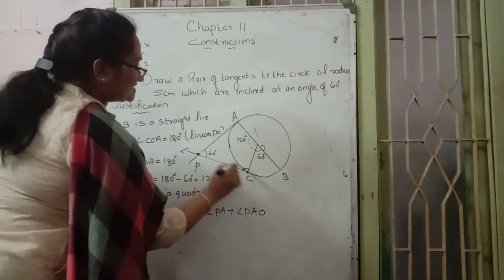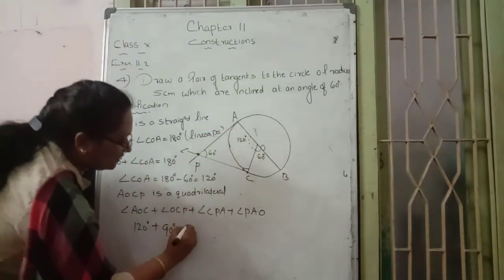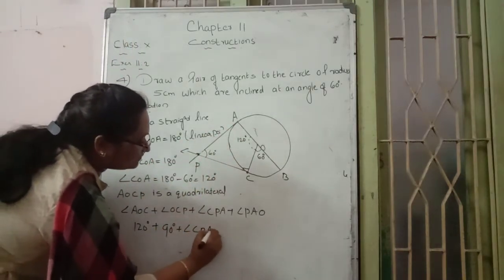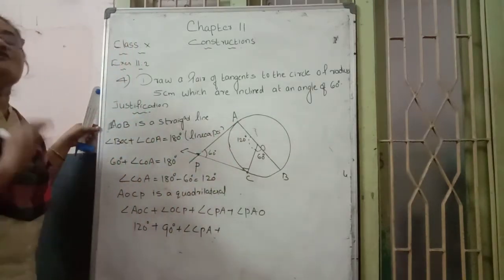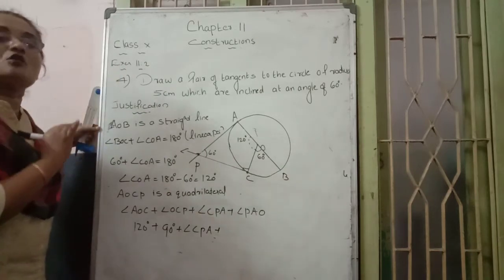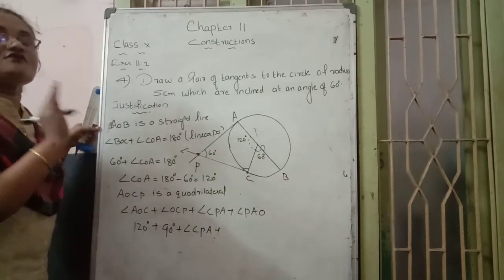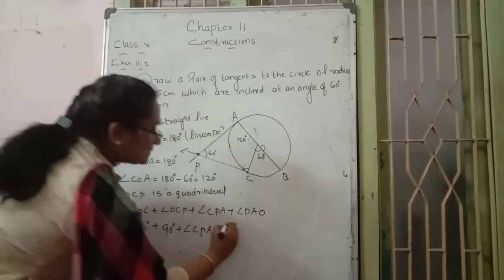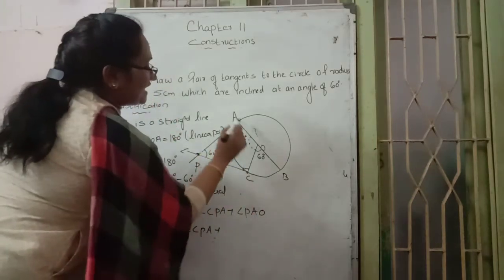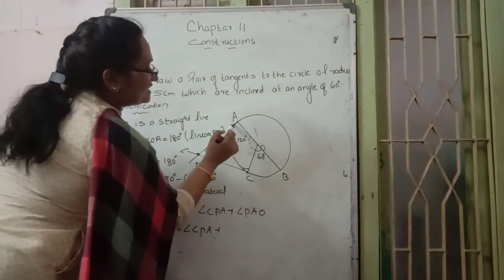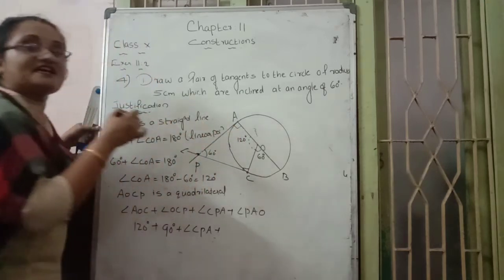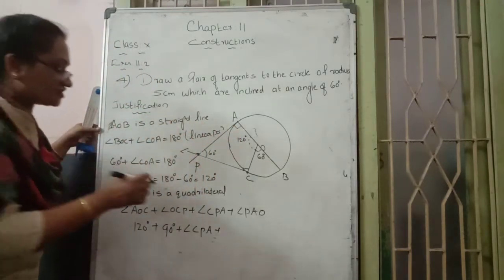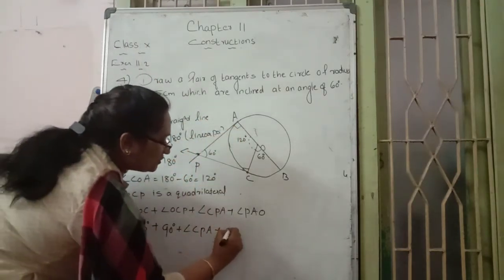Then what about CPA? That value we want to find. That means the P vertex value we want to find. How many degrees? That value we don't know. We want that value. Plus angle PAO, that means at the A vertex, we also took a 90 degree construction early. That's why the A vertex also becomes 90.